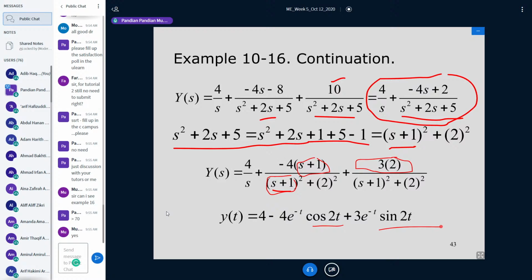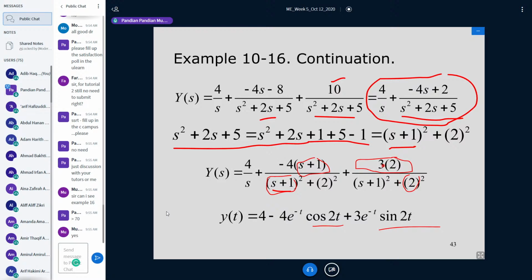That is the trick. So this one 4S is 4. This is minus 4. The S A is minus 1t. This is cosine 2t. And this is 2 squared, because this is 2 squared. And this one, you see, this is 6. Just now I said 6 minus 4, 2. But the 6 you write 3 multiplied 2, because this is 2.